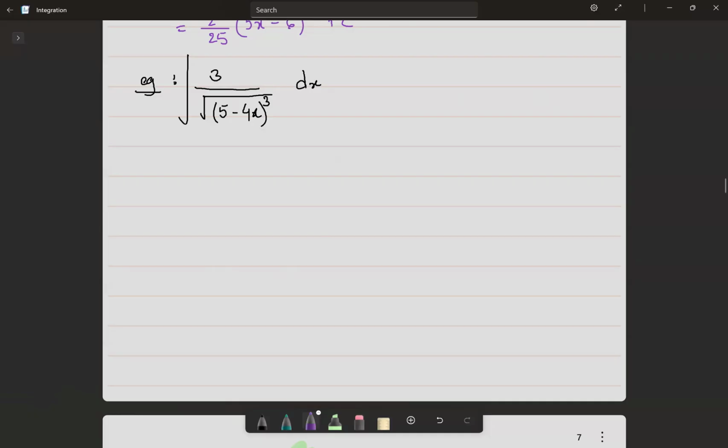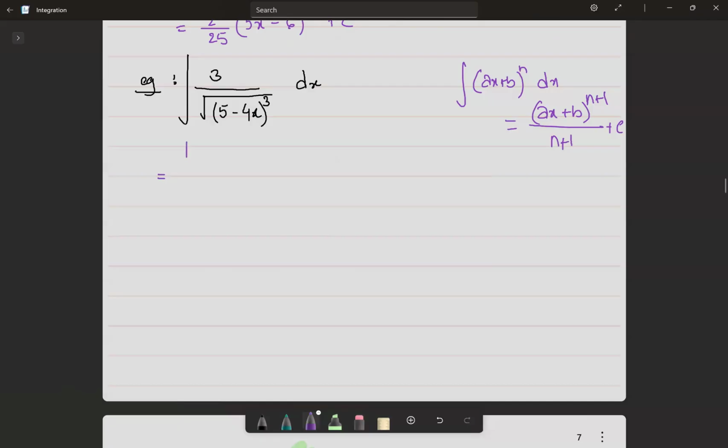So what we can do is we can first take everything to the numerator, because the formula that we have seen just now, the (ax plus b) to the power of n formula, has everything in the numerator. There is nothing in the denominator, right? Everything is in the numerator. So we must convert these to power and take it to the numerator before integrating. So let's simplify it first.